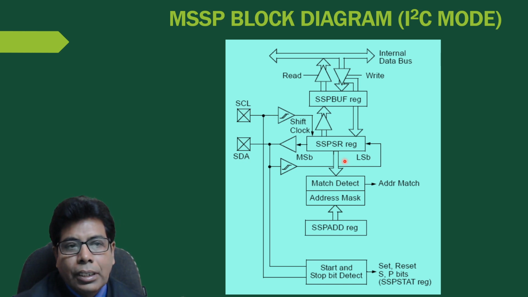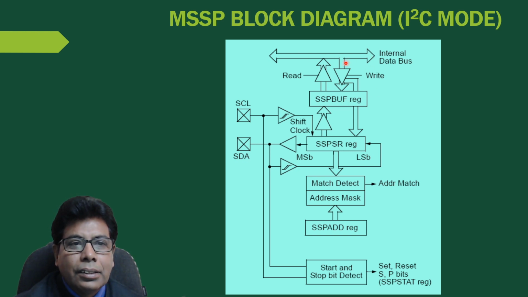And then we have the SSPSR register, that is the shift register for shifting the data in or out, and this SSPBUF register. Now this is a buffer register to which data bytes are written or read from. So the data bytes will be written to or read from this buffer register.